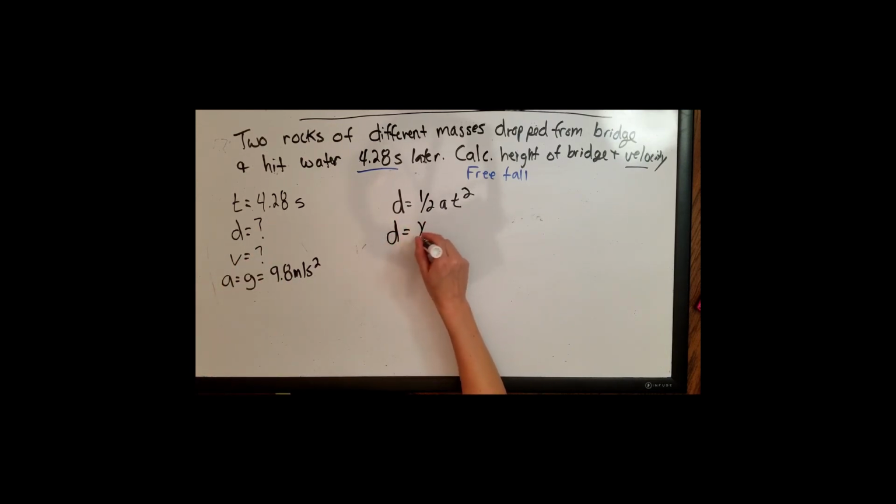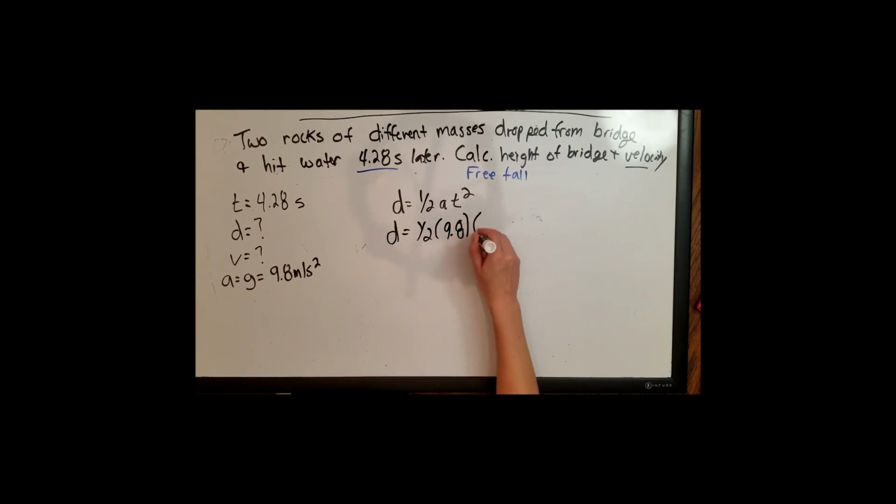Don't even need to rearrange it this time, so I'm just going to plug in my knowns, making sure to square the time. So I have 4.28 squared times 9.8 times 1/2. Gives me 89.76.